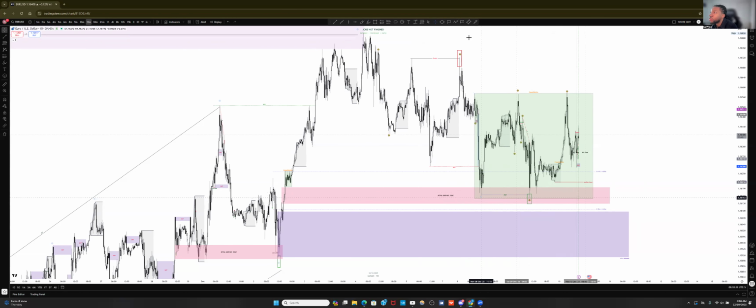So let's go ahead and remove the internal price action so that we don't confuse ourselves and we actually have the market structure correct. One thing that's very important when you're marking out market structure is that you don't confuse yourself with anything that's not within the outside of the structure.